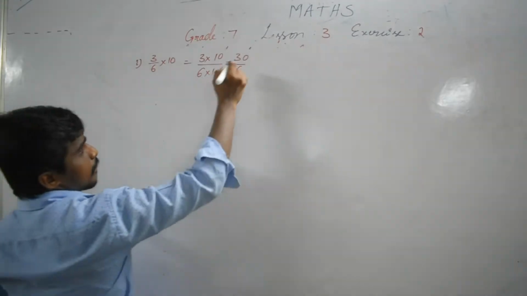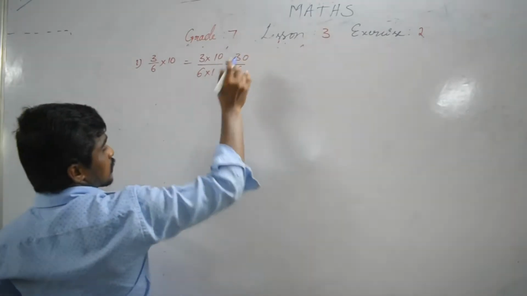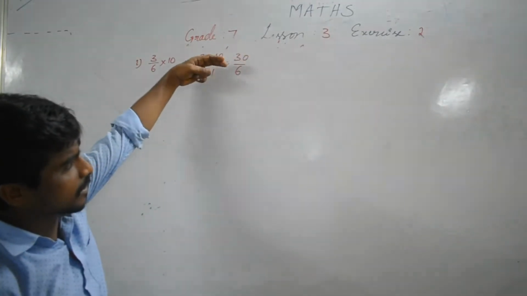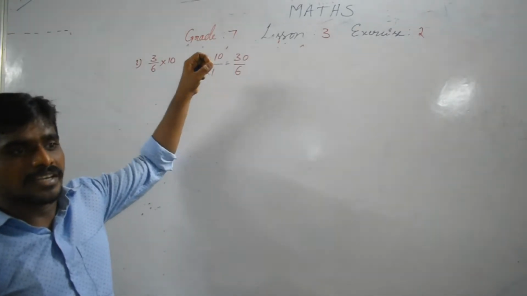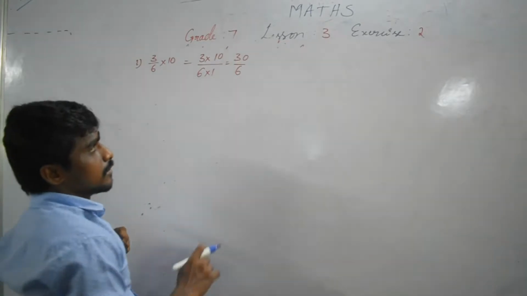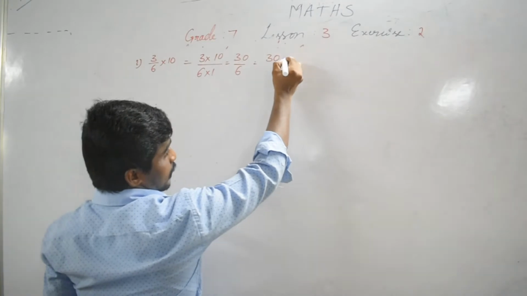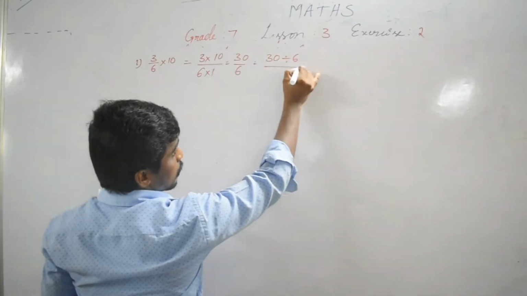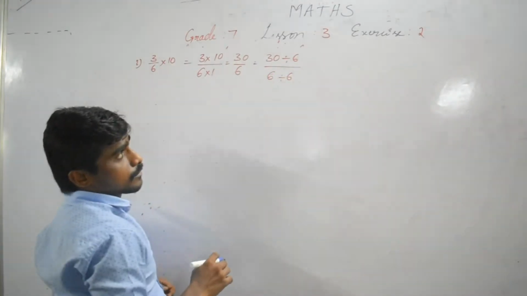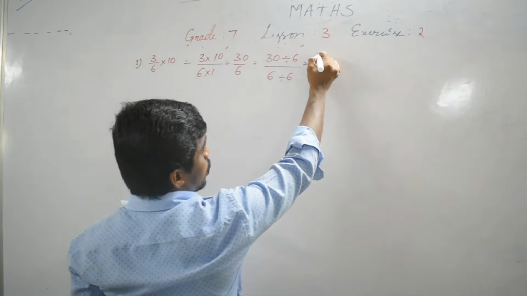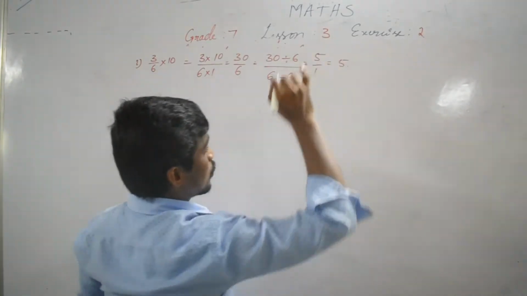So here see, these both are in which table? Cancellation. Cancellation means numerator and denominator, both numbers we divide by the same number. So here 30 by 6, 6 by 6. 30 by 6 value is 5, 5 by 1, denominator 1, so value 5.